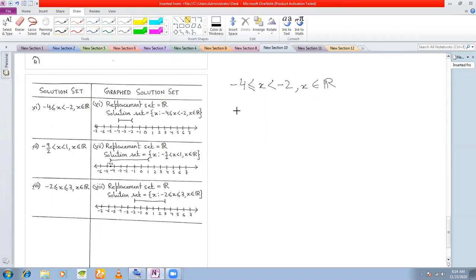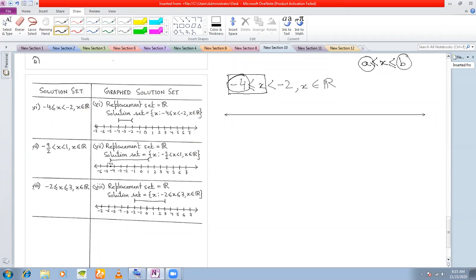So what you do here is you take your number line and plot the points. Now look at the points here. Minus 4 is less than or equal to x, so the lower number is minus 4. Remember, whenever you are writing any inequality in this form, a less than or equal to x less than or equal to b, a has to be the lower number, b has to be the greater number.